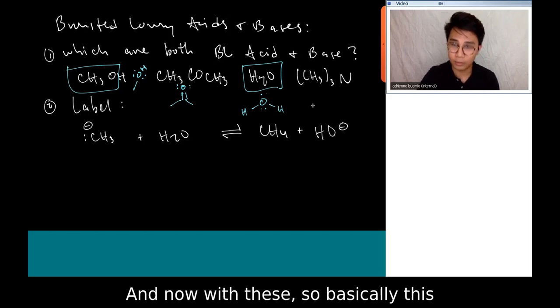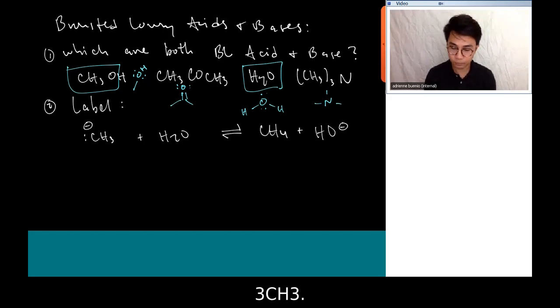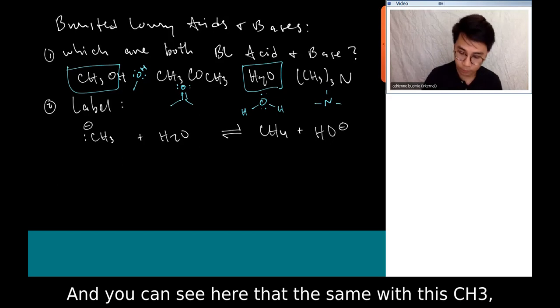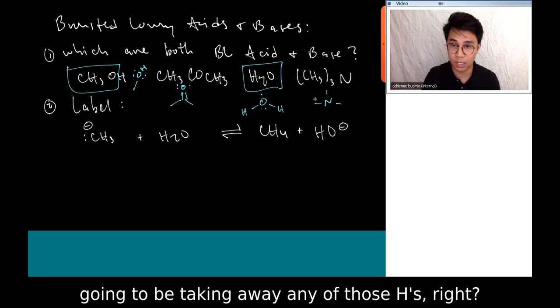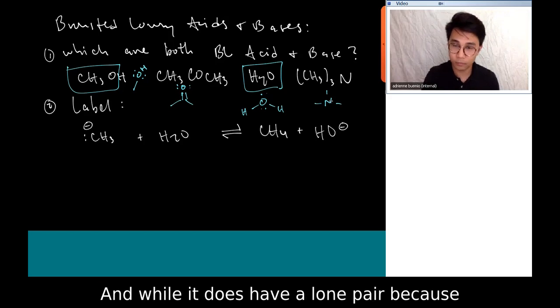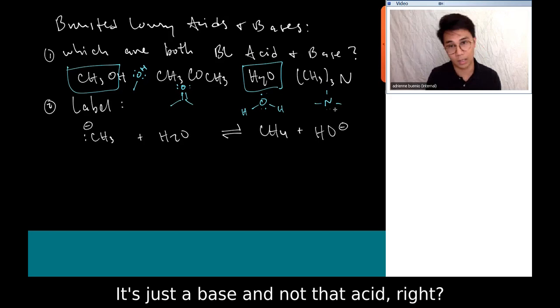And now with these, basically this is an N with three methyl groups, three CH3s. And you can see here that the same with these CH3s, these CH3s are happy as well, so you're not going to be taking away any of those H's, right? And this N, while it does have a lone pair, because of that octet rule, it's just a base and not an acid, right?